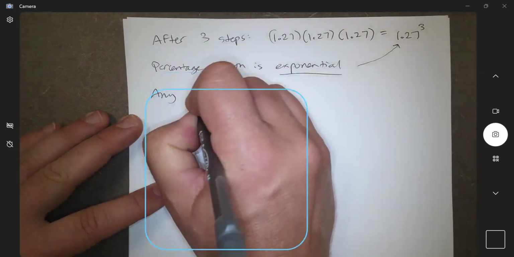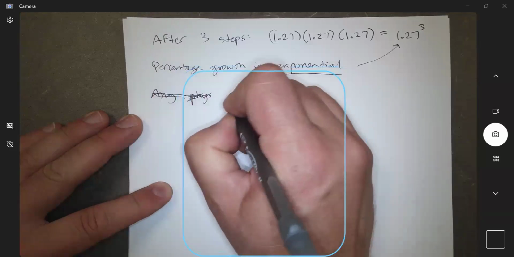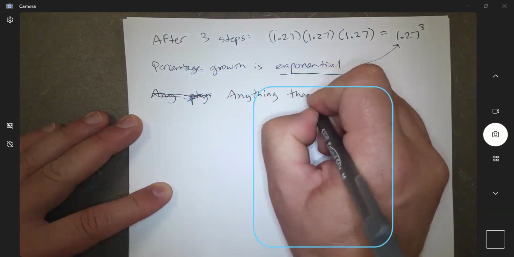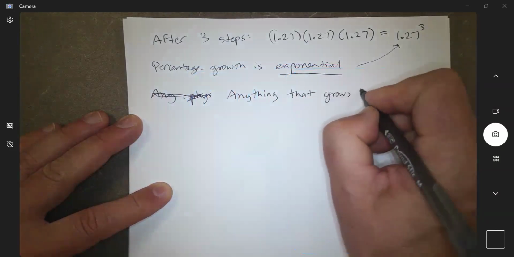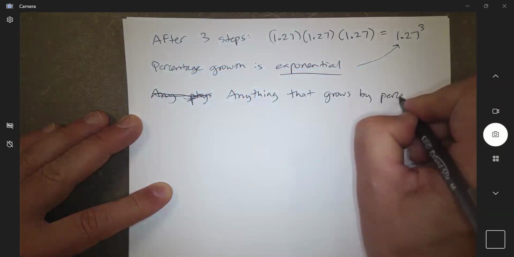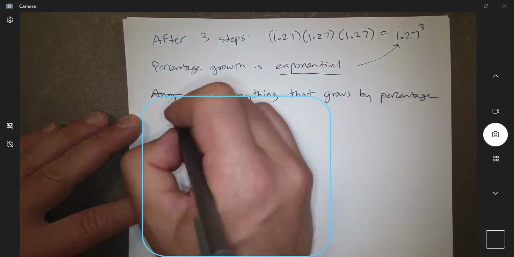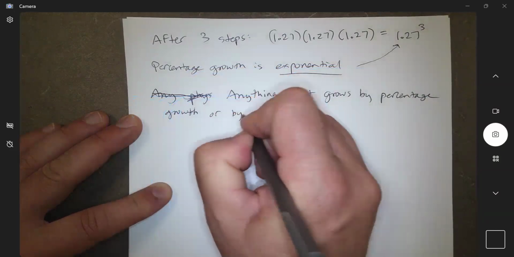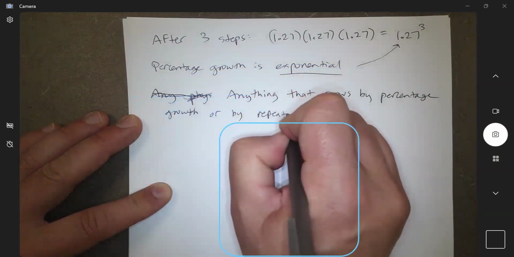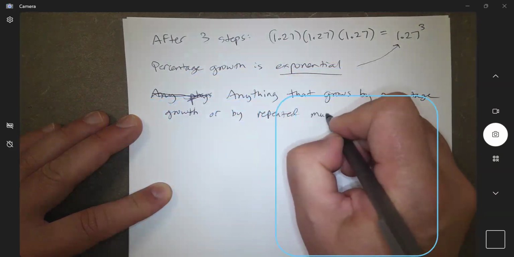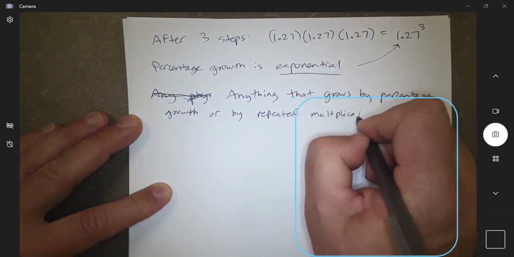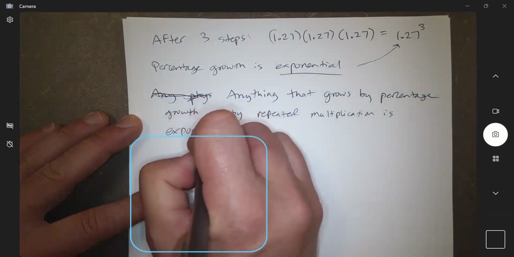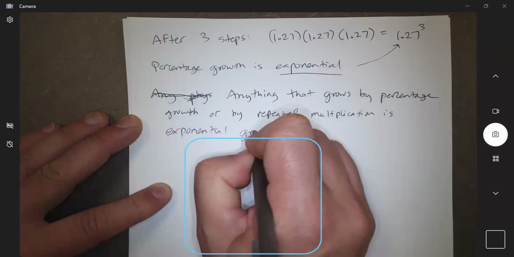Anything, let me just write anything. Anything that grows by percentage growth or by repeated multiplication is exponential growth.